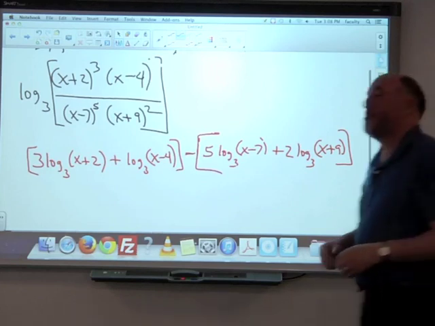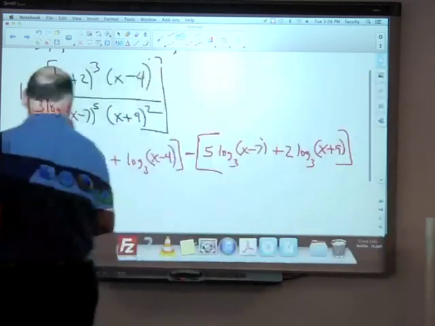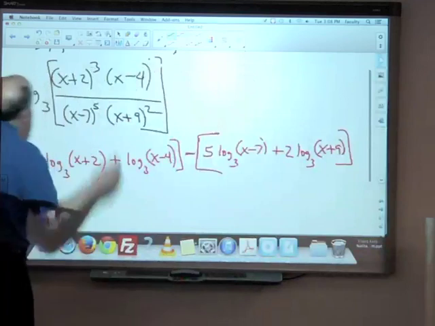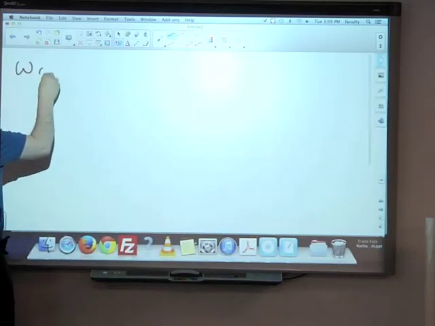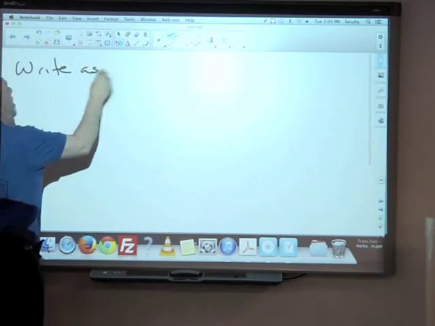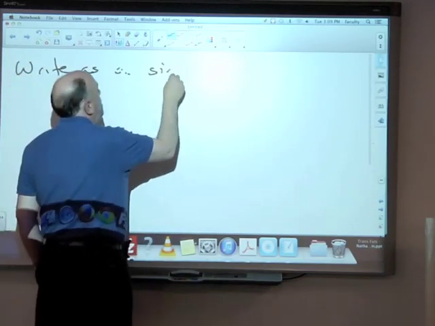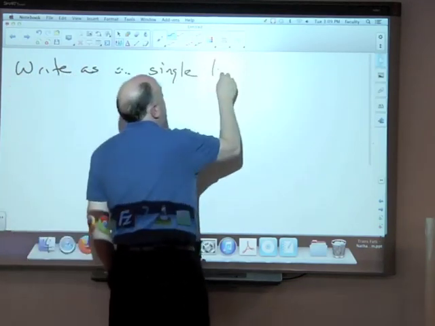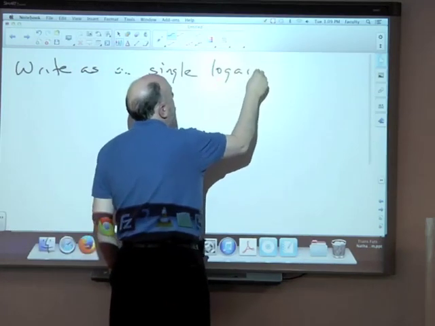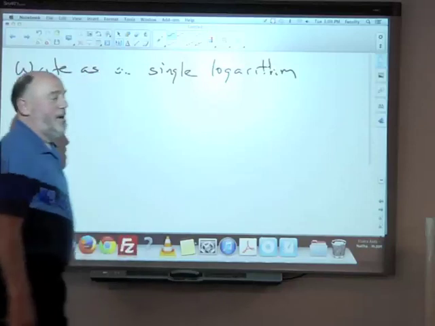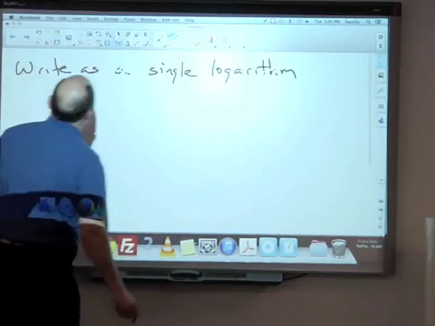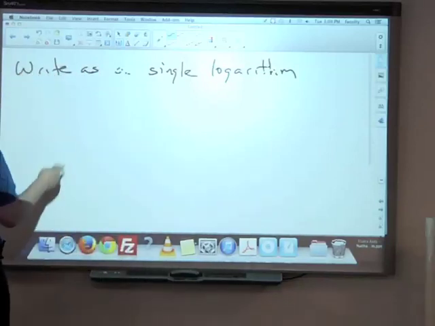So, let's say I want to go the other way. It'll be something like this. It'll say write as a single logarithm. And so now we're going to end up with something like this.